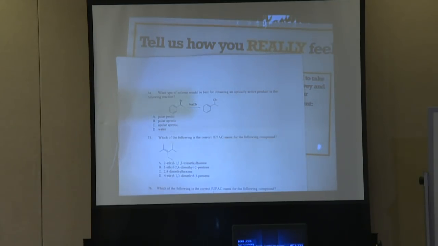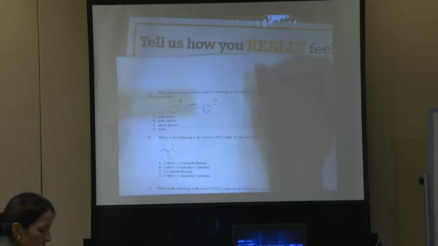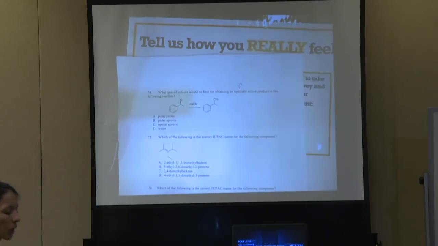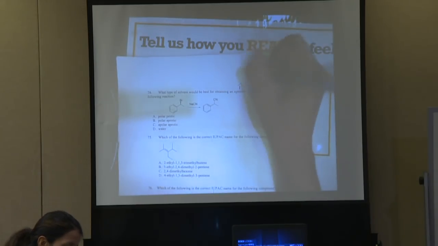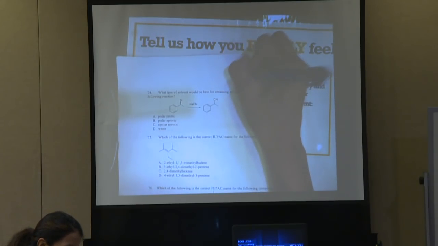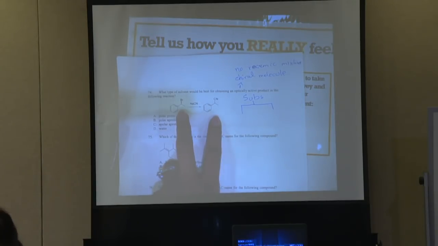Okay, so let's talk about this. Let's start with this. What does optically active mean? It's a chiral molecule, right? Awesome. So in order to be optically active, what do I have?